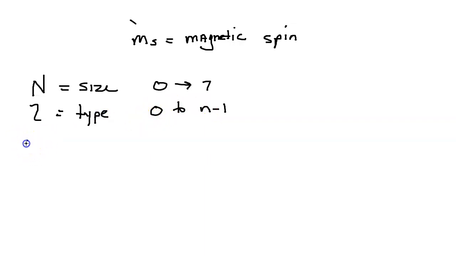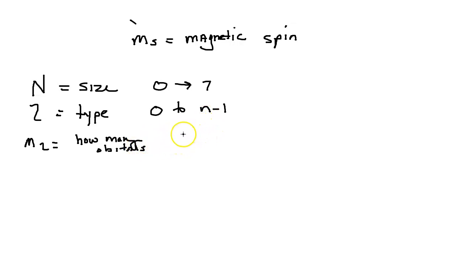Then we have m sub L, and this tells us essentially how many different versions of the same type, or in many ways, how many orbitals of each type. How many pairs do we have?